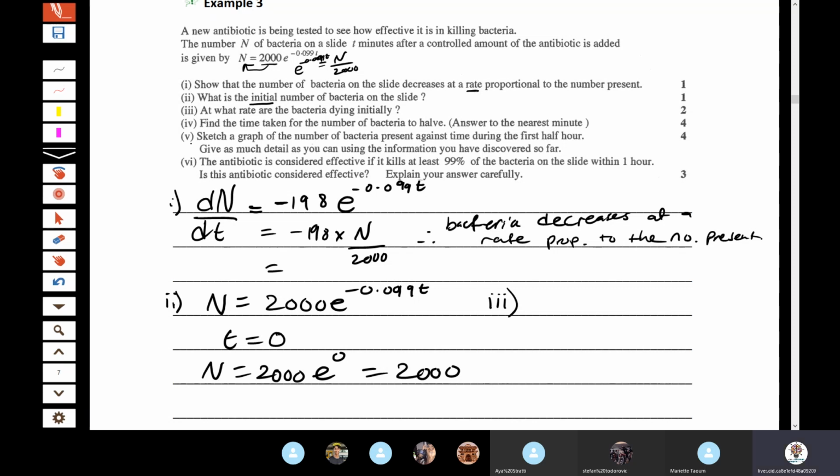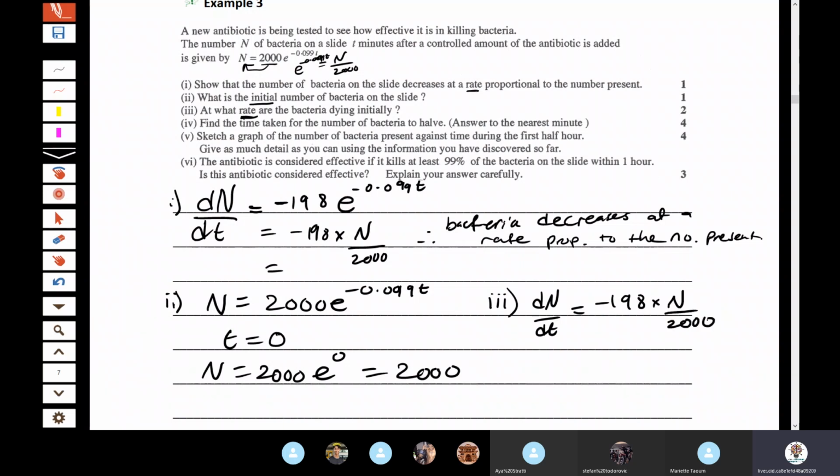I don't think it's initially. What do you reckon? Rate. Rate, and what does that mean? Differentiate. So dn on dt. So dn on dt is equal to, you can pick either one. It doesn't really matter. It's the same equation. So let's just say we pick the second one. Negative 198.